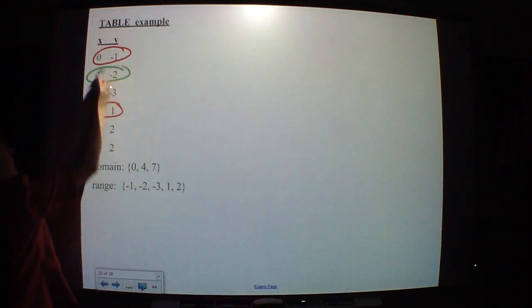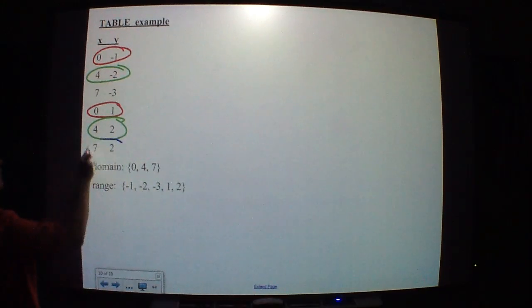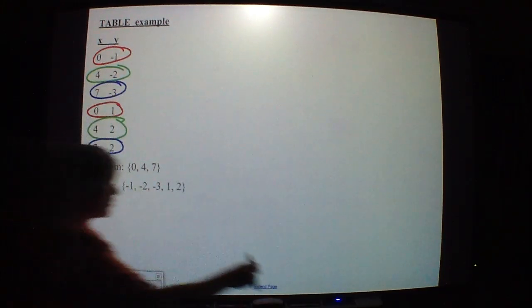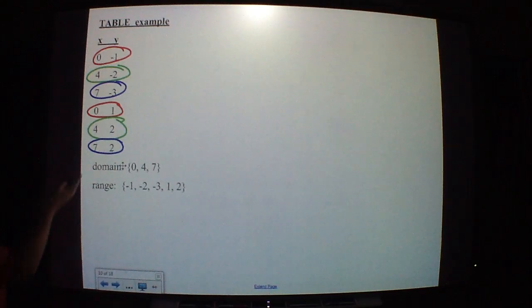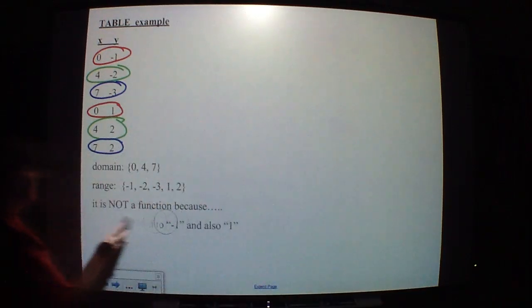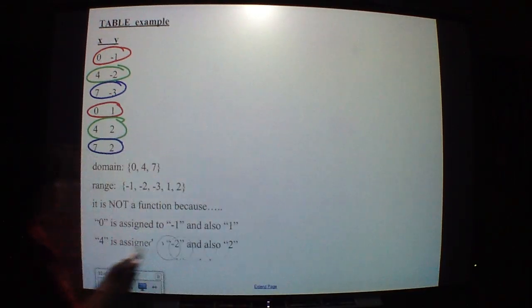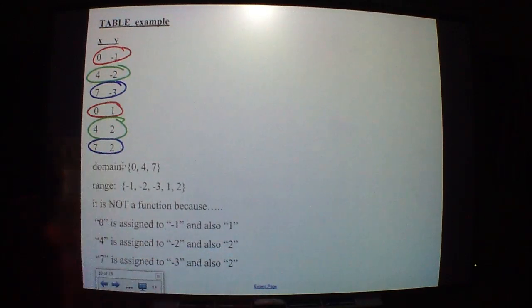I'm circling stuff so you can see, is that a function? And hopefully you're saying to yourself, no, it is not a function. Because 0 has 1 or -1 assigned to it, 4 has plus or minus 2, 7 has 2 and -3. So it's not a function. Not a function.